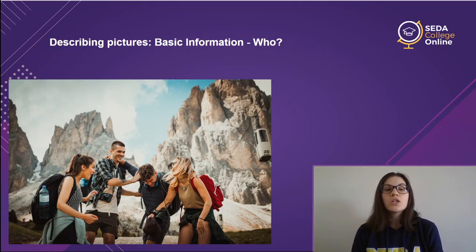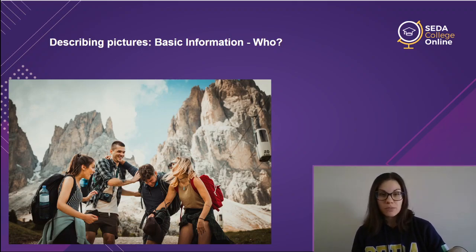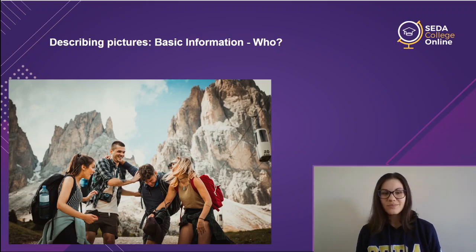And if you want, you can, as I did before, I told you that the people were a family, so I focused on the relationships between the people, the roles of the people, in a sense. You can do the same with these people. What do you think is their relationship? What do you think is their role in the group, etc.? All right. So keep writing your answers as well. I will be checking them.